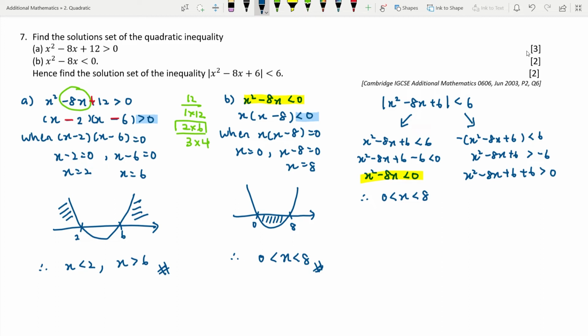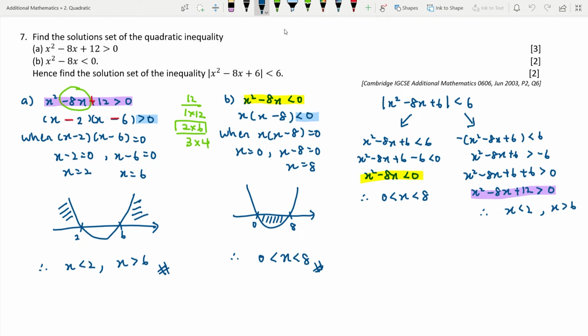Simplify the inequality. x squared minus 8x plus 12 is greater than 0. And this quadratic inequality is the same as the one in part A. Therefore, our solution is x is less than 2, x is greater than 6.